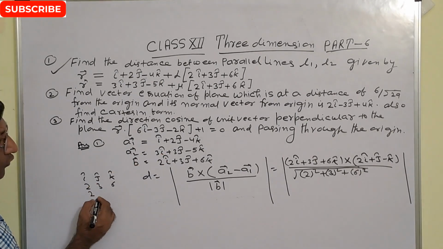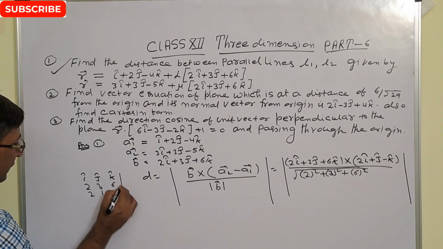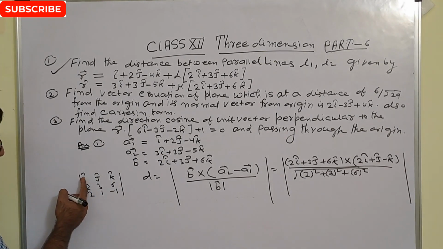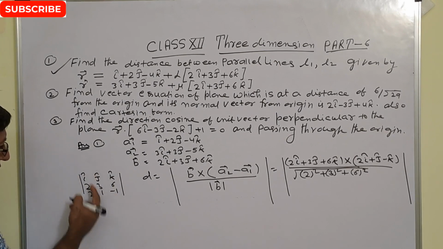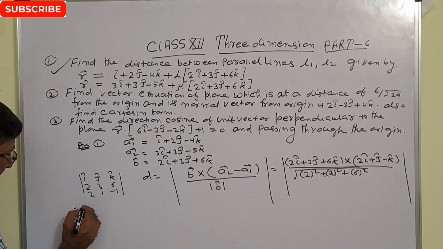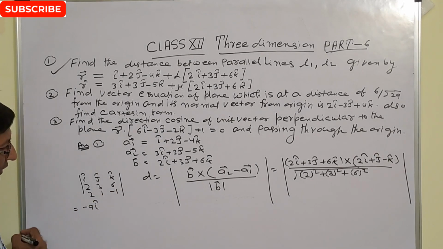Second row 2, 1 and minus 1. So this is what? This is i. So just leave the first row, first column. You will get 3 into minus 1, minus 3, minus 6. So minus 3, minus 6, minus 9. So this is what? Minus 9 unit vector i.